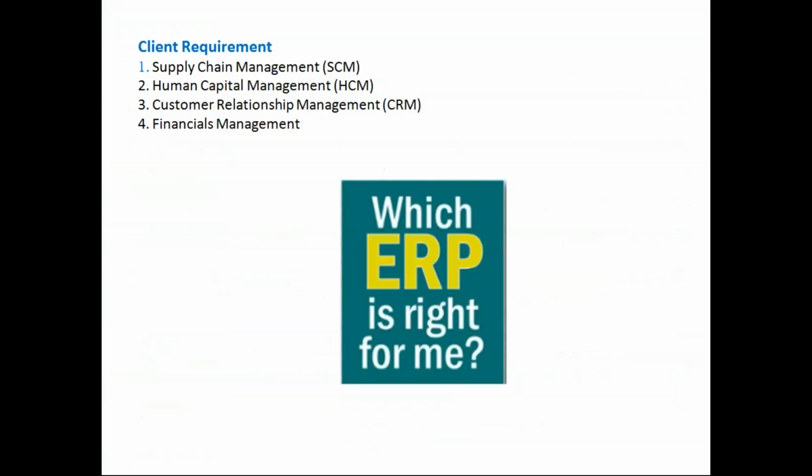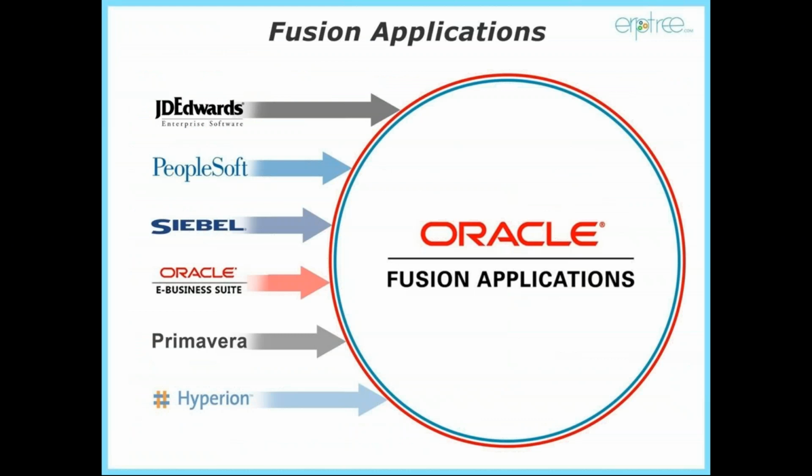That is the reason Oracle acquired many ERPs which are famous in the market. Oracle acquired JD Edwards, PeopleSoft, Siebel, Primavera, Hyperion. Not only these, there are many other enterprise products and technologies Oracle acquired. After acquiring all these products, Oracle built a product called Fusion Applications. How did they build it?